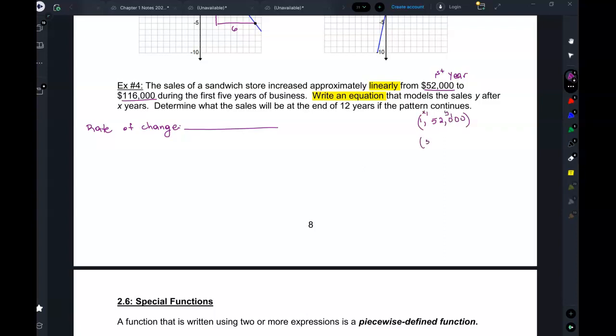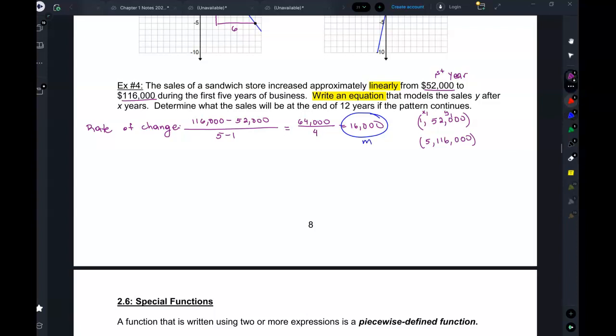And then at year 5, we had $116,000. That's x2, y2. So we have 116,000 minus 52,000 over 5 minus 1. It's not 5, but 4 under there. So this is 64,000 over 4, which is 16,000. And this is your slope m.